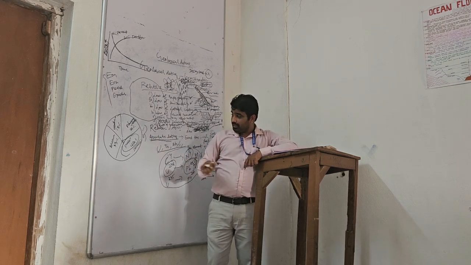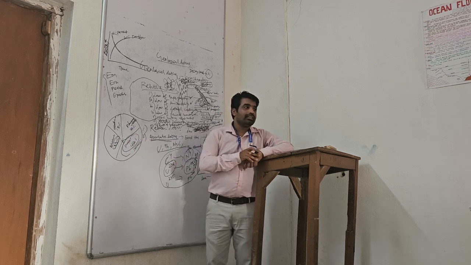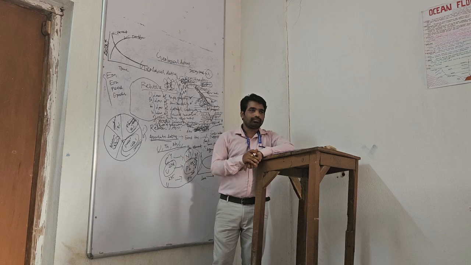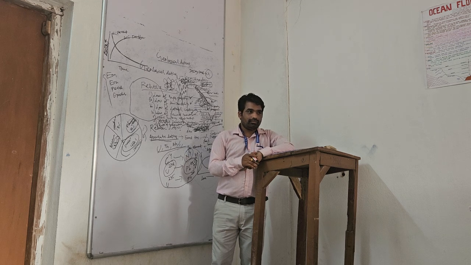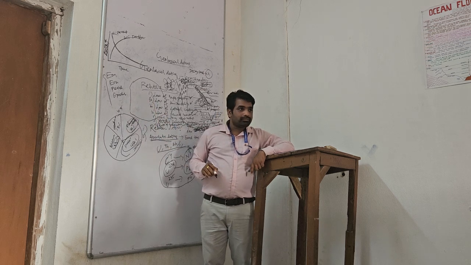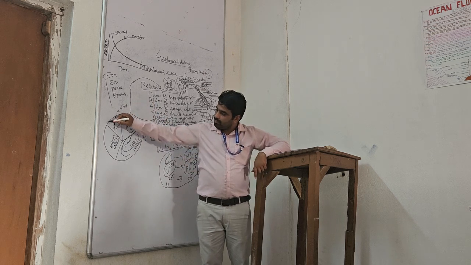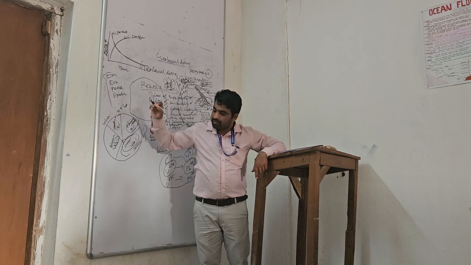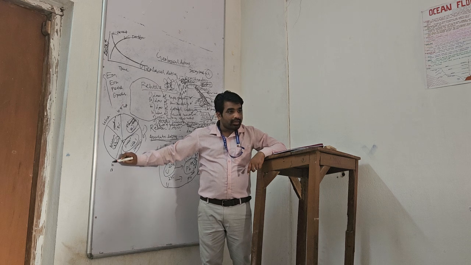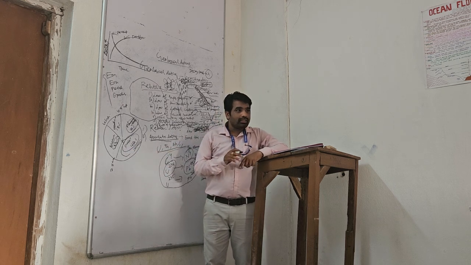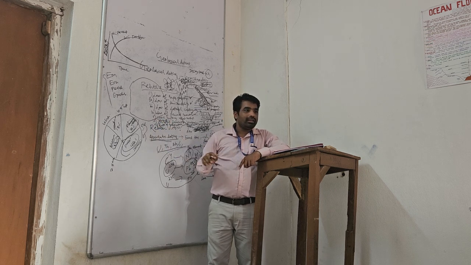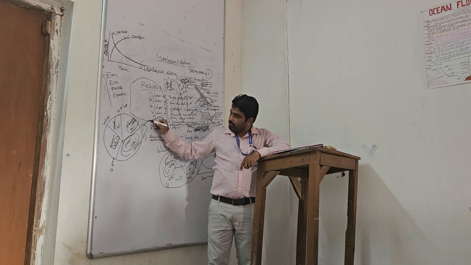Then Archean, this is 33%, and Phanerozoic is very little. And we know Hadean starts at 4.5 gigaannum, this is 4 gigaannum, this 2.5 gigaannum, and this is 541 megaannum.